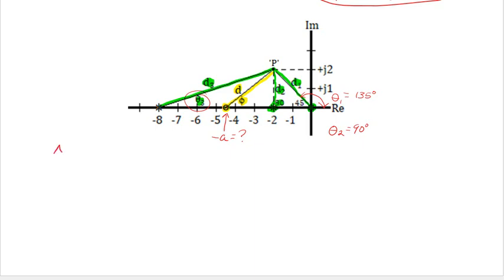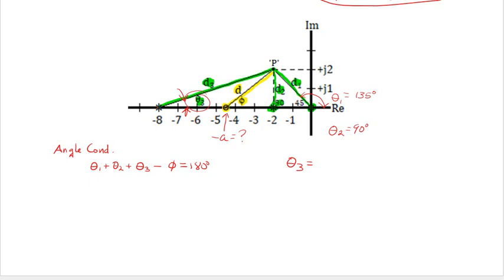So the angle condition is going to be theta 1 plus theta 2 plus theta 3 minus phi, so minus the zero angles, equals 180 degrees. We know theta 1, 135, we know theta 2, it's 90, and that just leaves theta 3 to figure out. So theta 3 is, again, this angle right here.